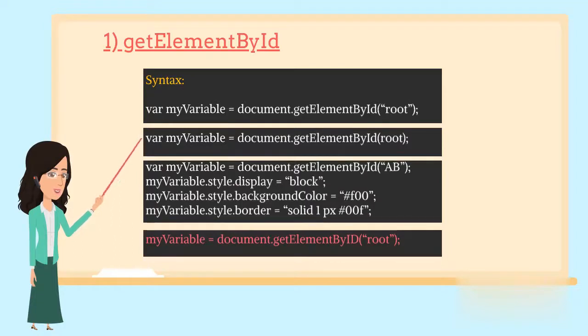In the third line you can see you can also apply a few additional codes on getElementById, as you can see on the screen. So the variable myVariable is equal to document.getElementById, where I mentioned the ID is AB in place of root. And myVariable.style.display is block.